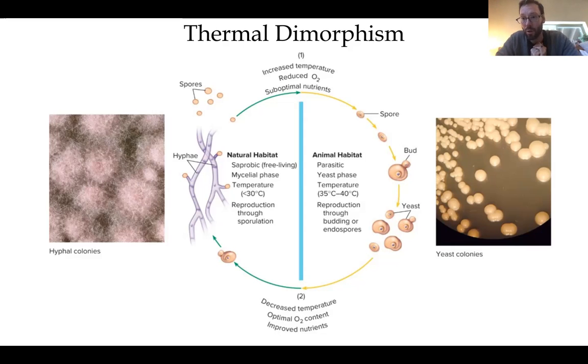If those spores enter the body via inhalation or through a cut, a compromise of your barrier, then rather than growing into hyphal filaments, they exist as single-celled yeast that will bud off and release spores. If they exit the host and go back into a more room temperature environment, then they will be hyphae again. Really amazing adaptability of fungi to be completely different in their morphology based on things like temperature.